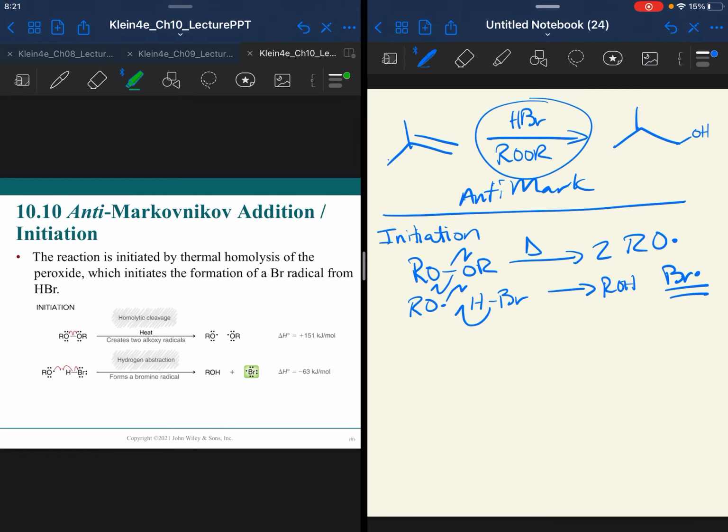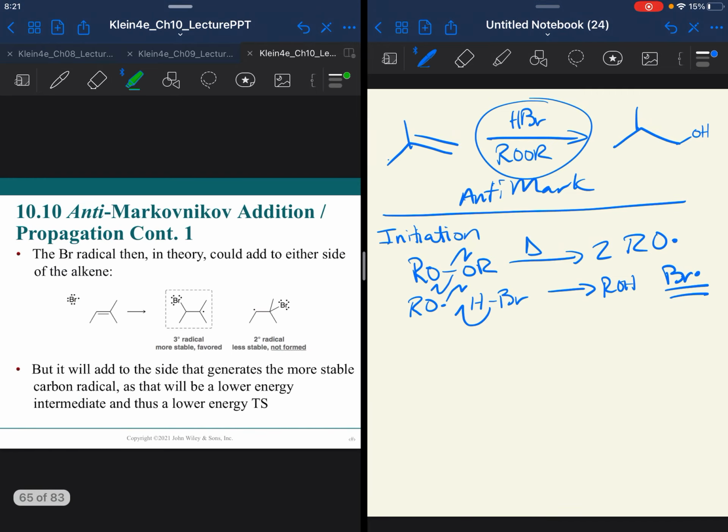So instead of the addition reaction happening where, let's say, the double bond, don't write this down, just follow me here. Instead of the double bond acting as a base and picking up the proton, which is a quick reaction, a radical is so much more reactive than HBr, right?